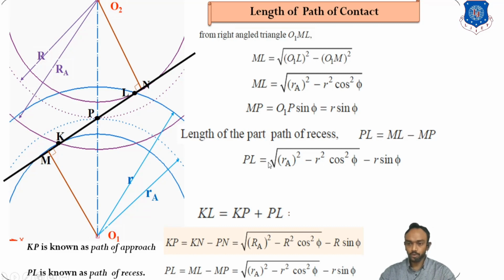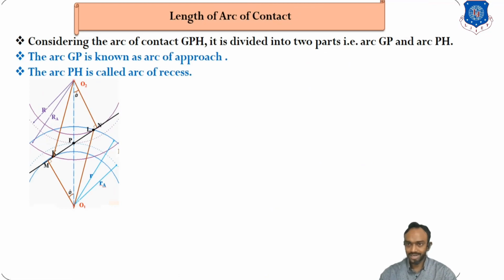Now we are going to our next theory, which is known as the length of arc of contact. Right now we have measured the length of path of contact, from K to L, but we want to measure this distance along the pitch circle, in a curved way.